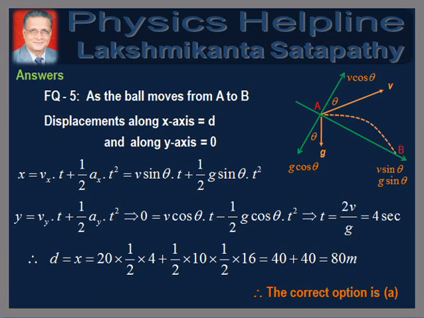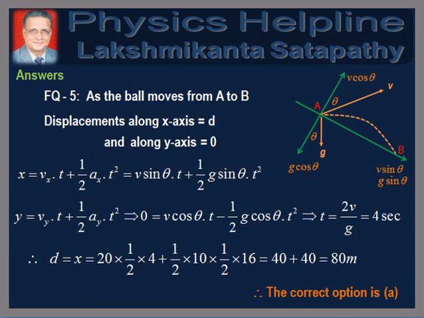Putting the values, we get 0 is equal to v cos theta into t minus half g cos theta into t square. On simplification, we get t is equal to 2v divided by g. Putting the values and simplifying, we get t is equal to 4 seconds.